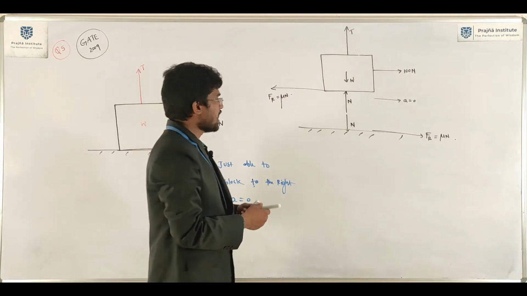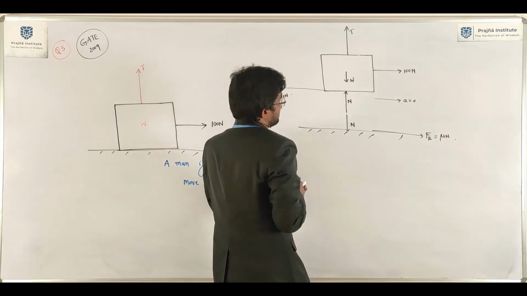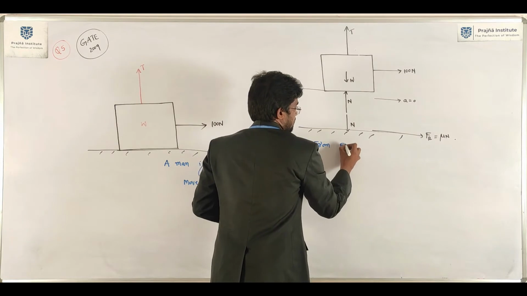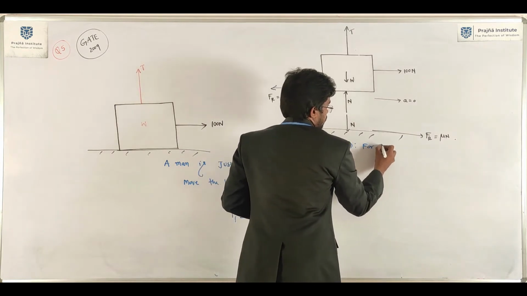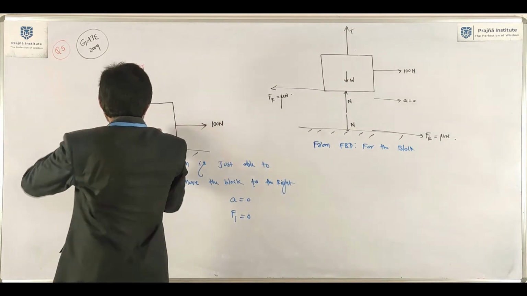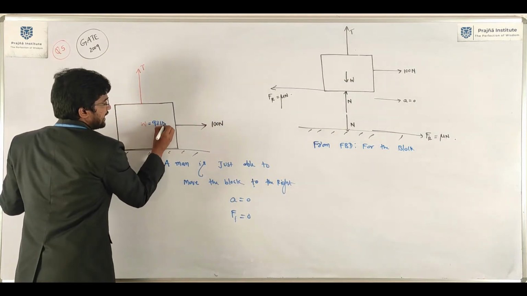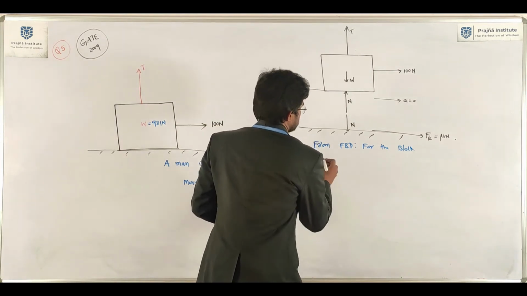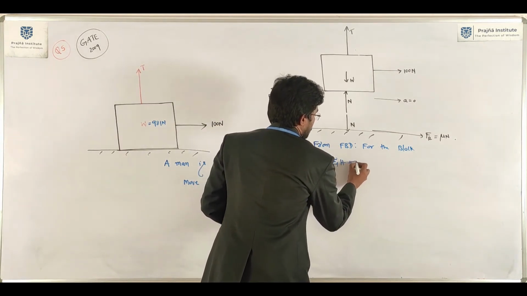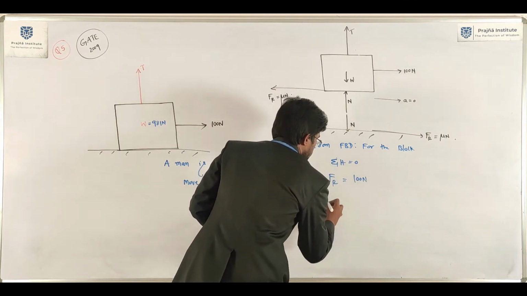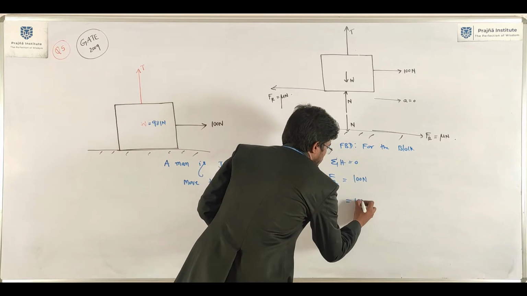Now, from the FBD for the block, what is given? Weight of the block equals 981 Newton. Sigma H equals 0, so Fr equals 100 Newton, mu into N equals 100 Newton.